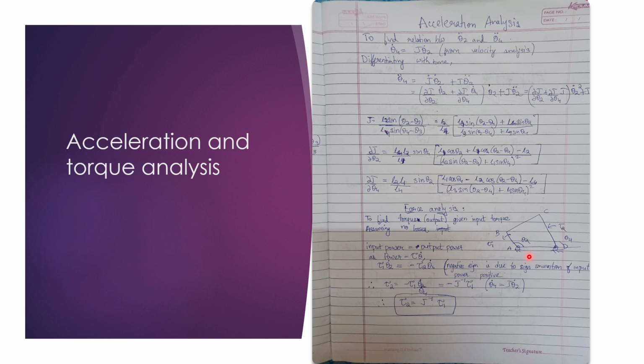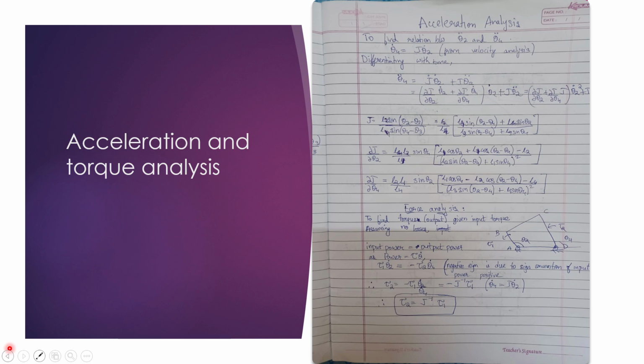However, by sign convention, the power is lost from the system at CD and comes into the system at AB, and thus we get this to be our power expression. So tau 4, which is the output torque, is equal to minus tau 2 into theta 2 dot by theta 4 dot.